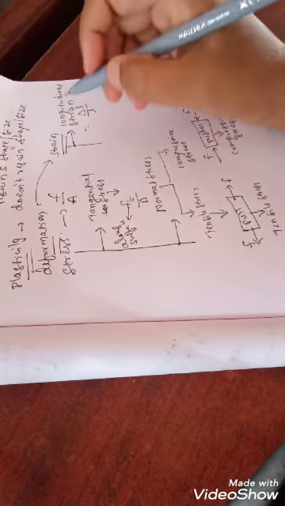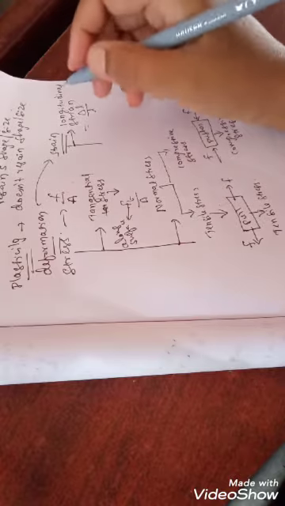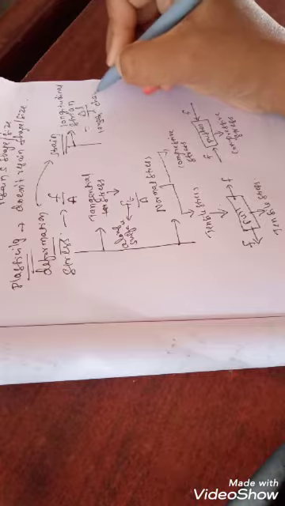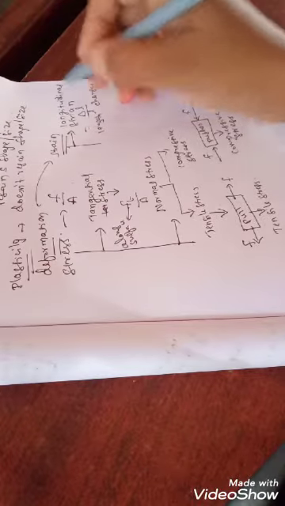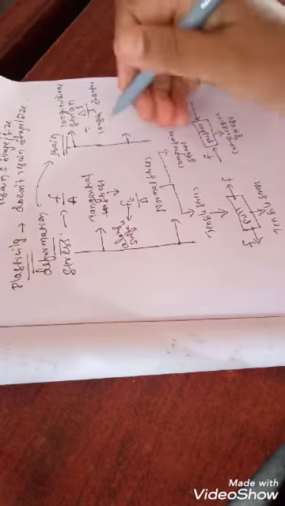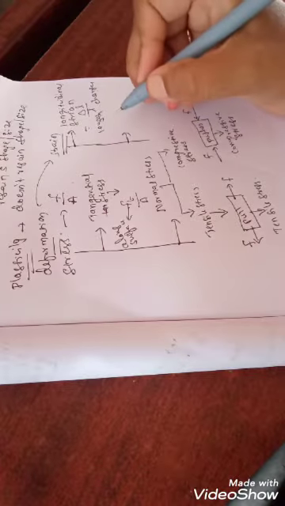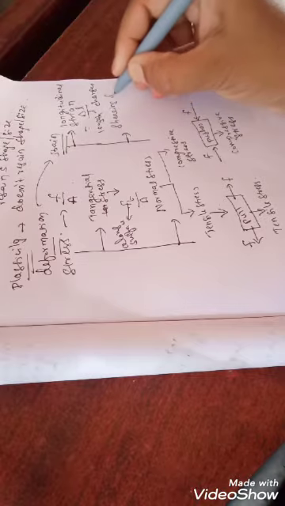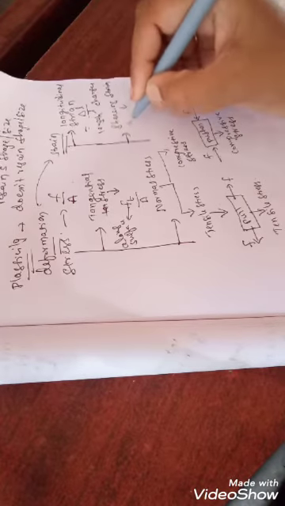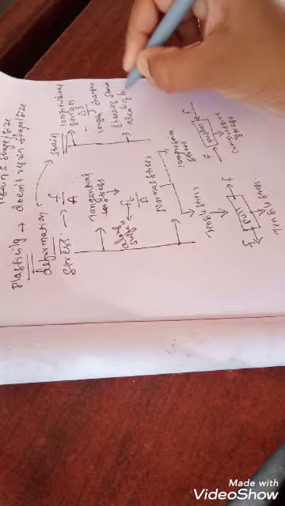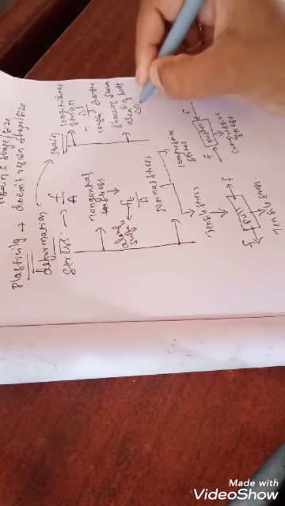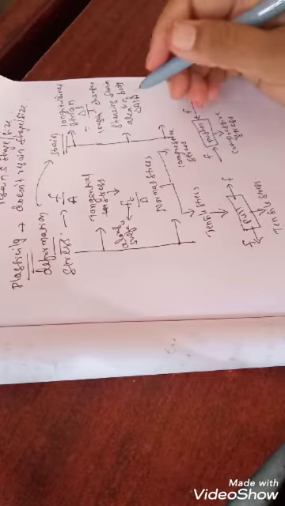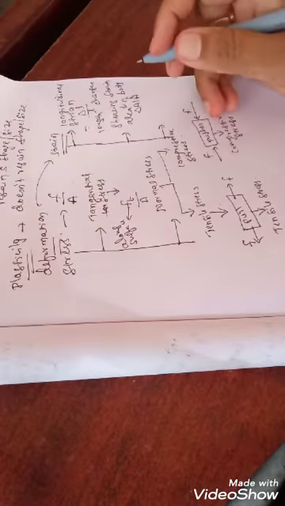If the strain applied is in such a way that the length of the body changes, we call it longitudinal strain. The second one is shearing strain. So here the area of the body changes, so the change in area to the original area.